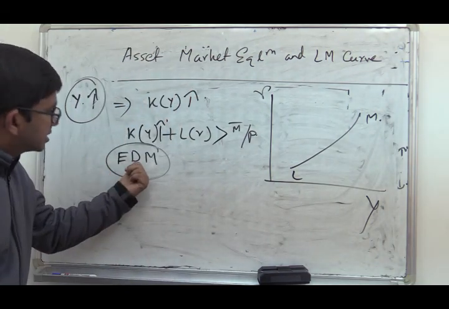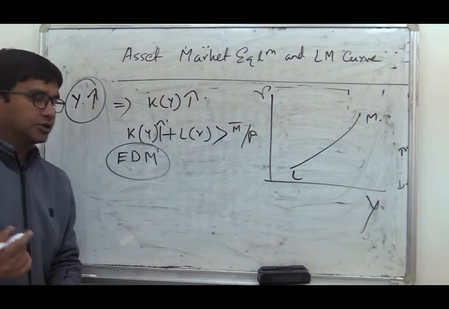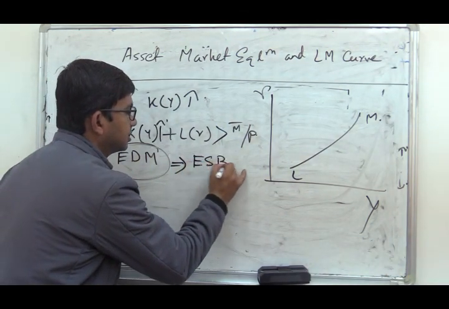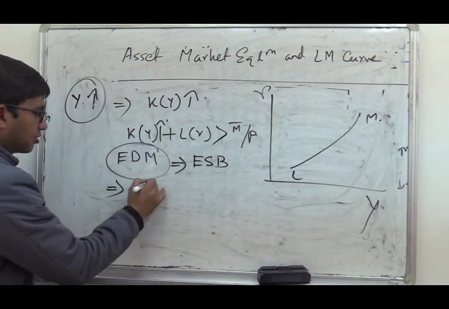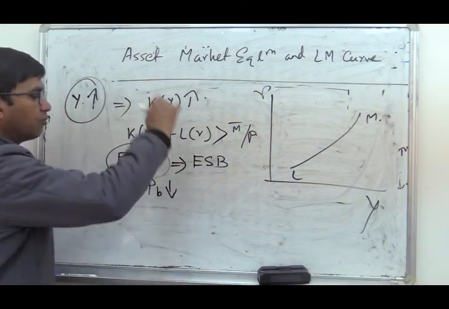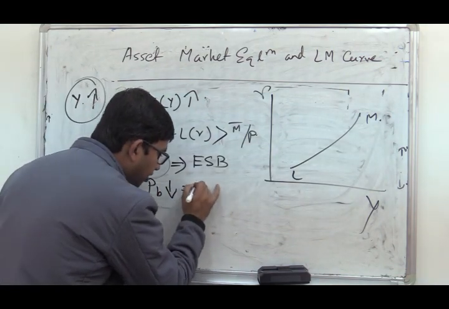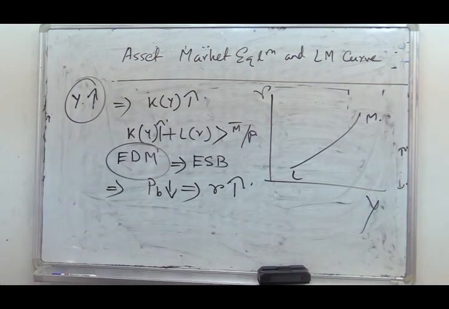Because here there is excess demand for money, people will try to get money by selling the bonds. Consequently there is an excess supply situation in the bond market. So the bond prices will start to fall, and as the bond prices start to fall, the rate of interest will start to rise.